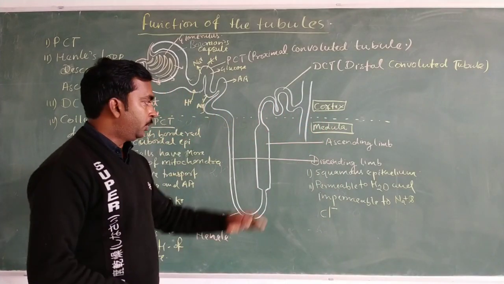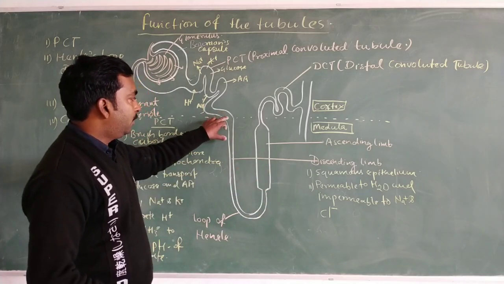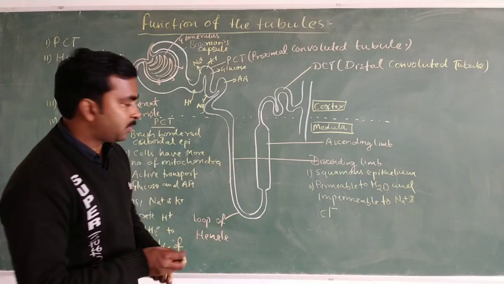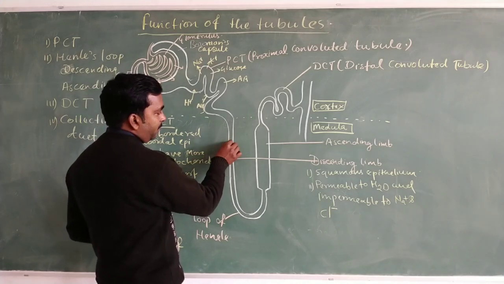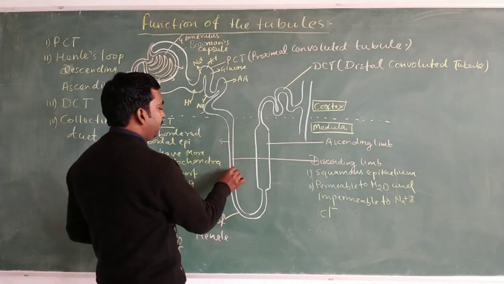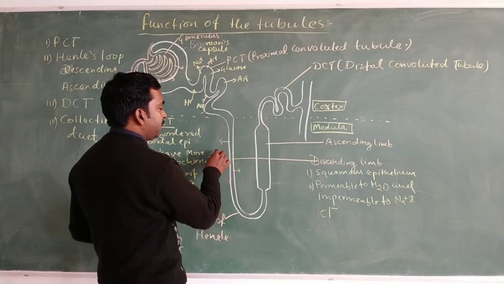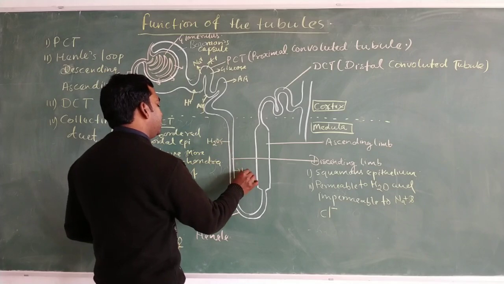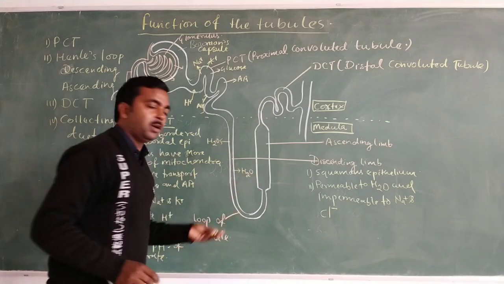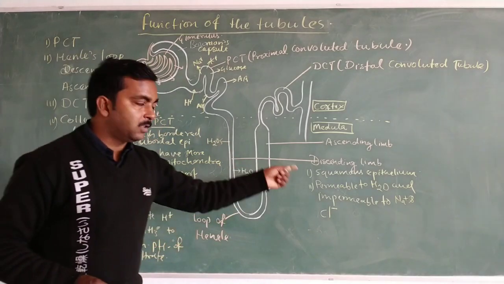So due to this nature, the substances which get reabsorbed from the filtrate in the descending limb are water. A high amount of water gets reabsorbed from the filtrate in this region.